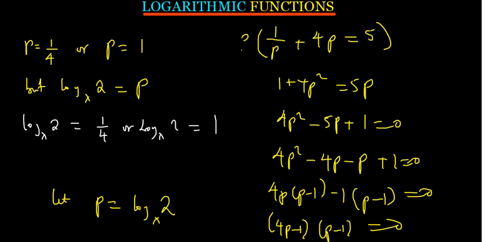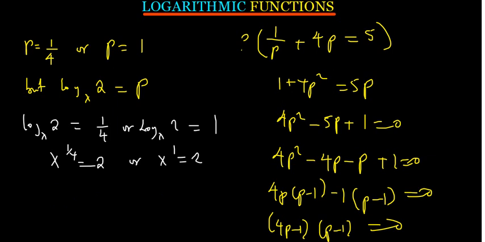If I express this as an exponential function, this is going to be x to the power 1 over 4 is equal to 2, or x to the power 1 is equal to 2. To solve the first one, I'll multiply by 4 on both sides, meaning that x is going to be equal to 16, or x is equal to 2. So these will be the values of x for this one.